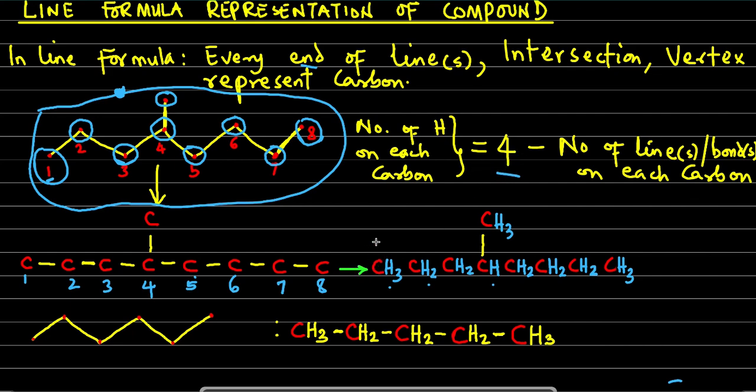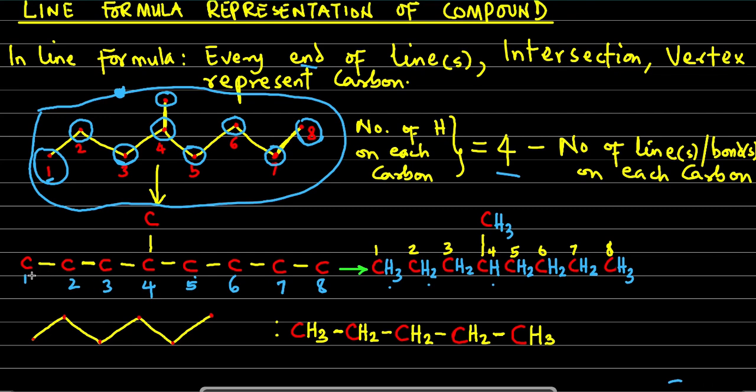So when you come to carbon 1, let's use this. This is carbon 1, this is carbon 2, this is carbon 3, this is carbon 4, 5, 6, 7, and 8. Now, quickly look through the left hand side. The hydrogens were not indicated, so we want to now start adding the hydrogens.